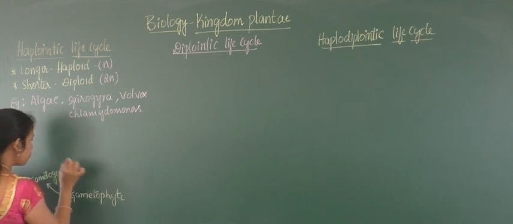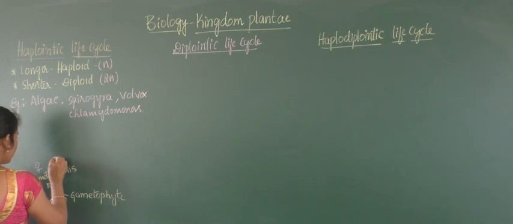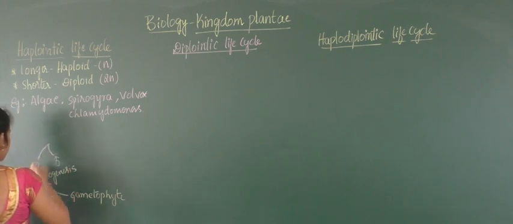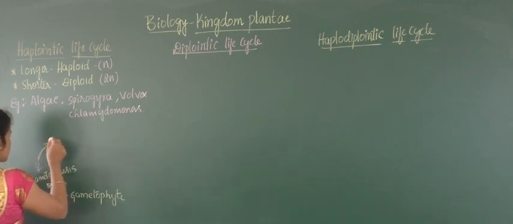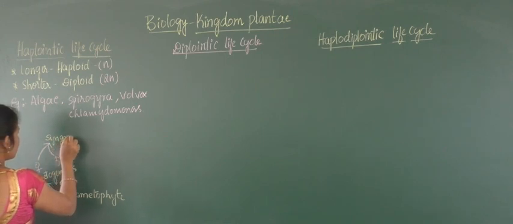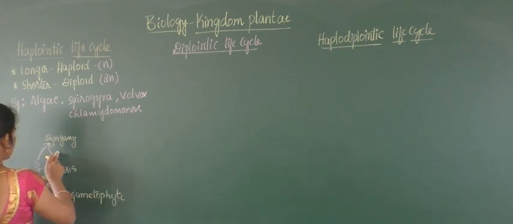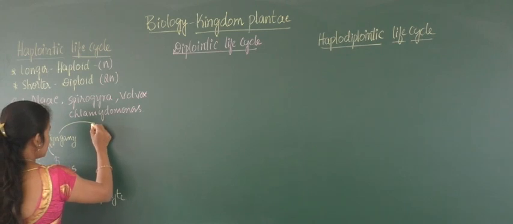Male and female gametes are formed over here, and these fuse together. This condition is called fertilization or syngamy. Syngamy is nothing but fusion of gametes, and by fusion it forms a zygote.